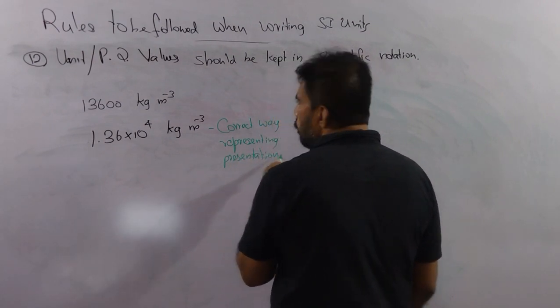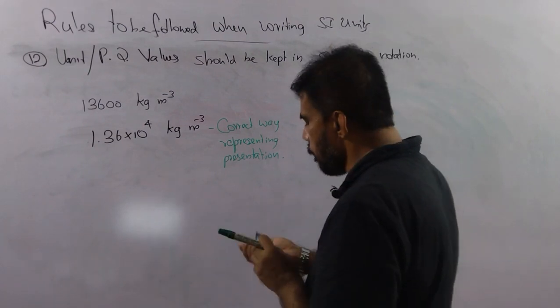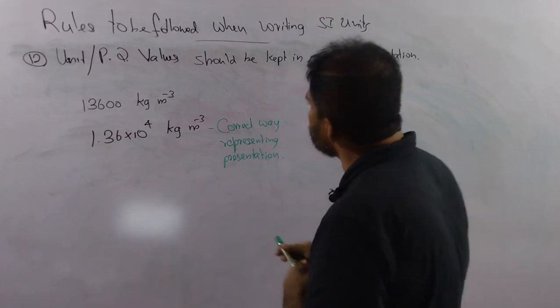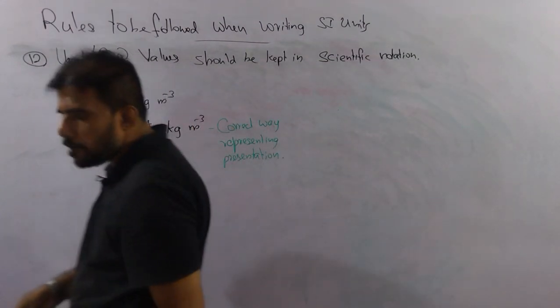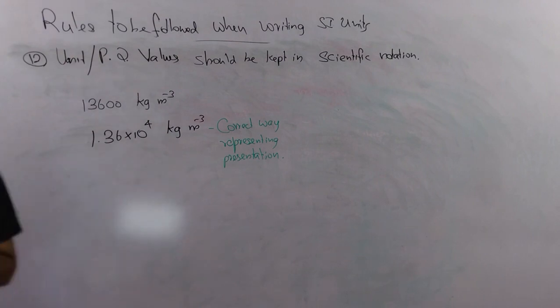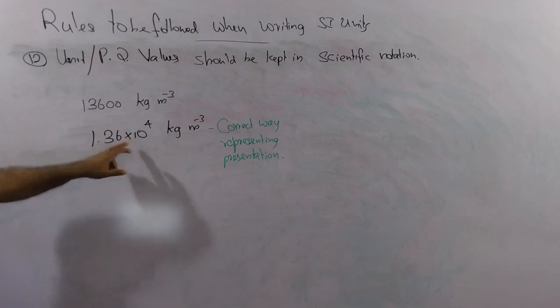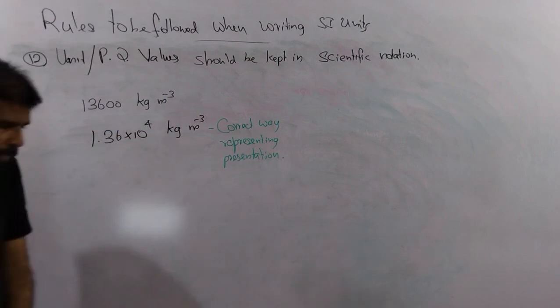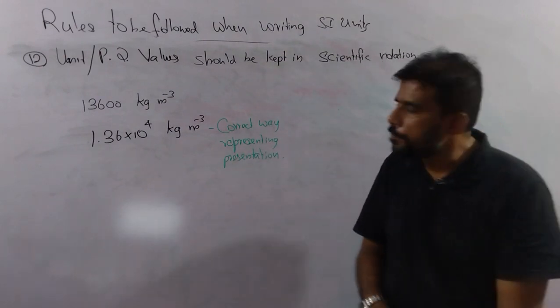Yes. So when we are dealing with scientific things or mathematical things, we have to follow this rule. So our value should be kept in scientific notation, that is always one digit before the decimal place and into 10's power.